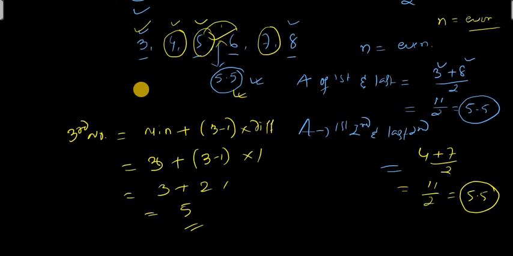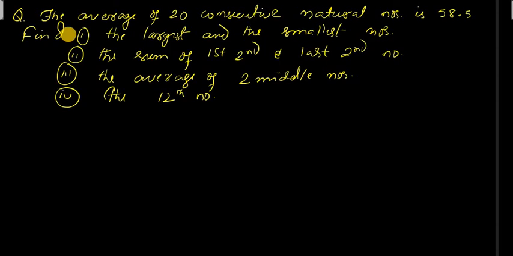Question 1: The average of 20 consecutive natural numbers is 58.5. Find the largest and the smallest number, the sum of the first, second and last second number, the average of two middle numbers, and the 12th number.